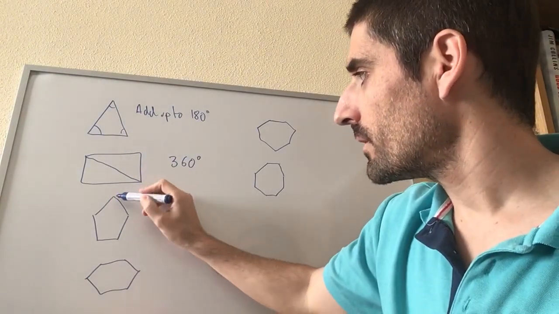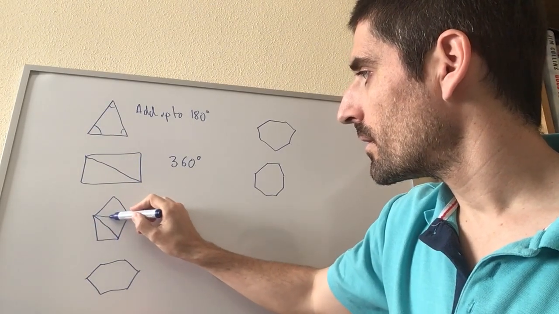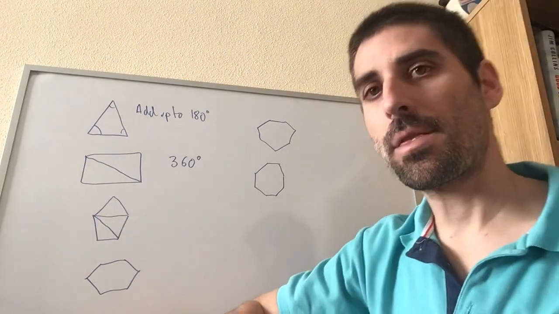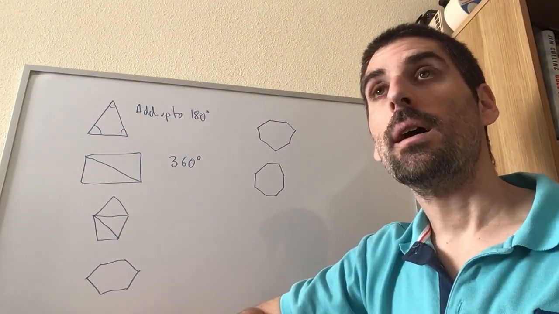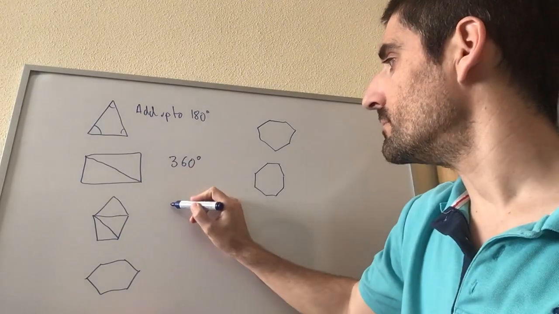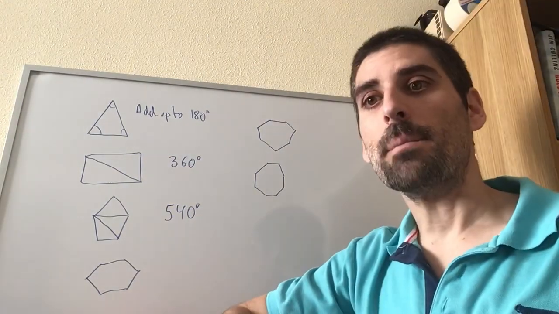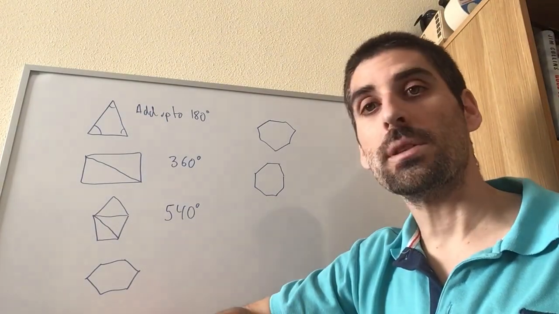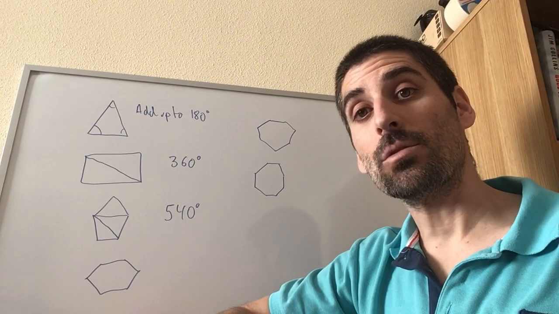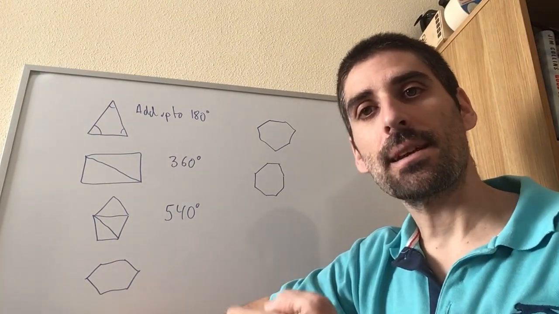Well, if I'm careful, that'll be 1, 2, and 3. That's 3 triangles. So 180 times 3 is 540. So the sum of the interior angles in a pentagon is 540 degrees, because I can split it into 3 triangles. Well, what about a hexagon, a 6-sided shape?